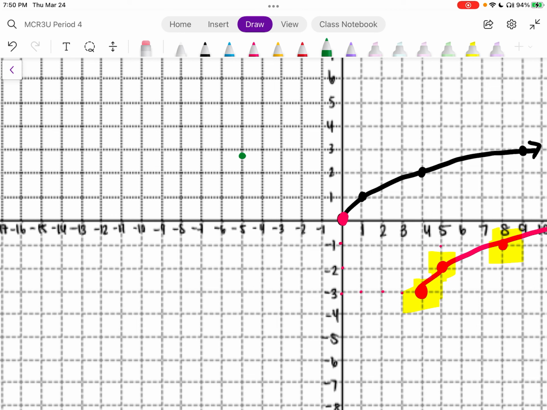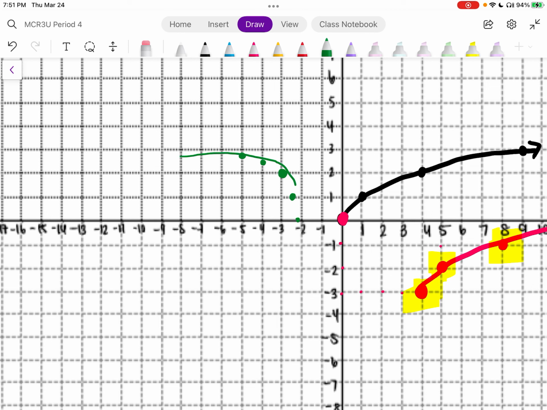Then I'm going to go to negative 4 and 2.5, so somewhere here. Then negative 3, and that's roughly at 2. Negative 2.5, in the middle of these two, is going to be at 1, so there's a dot right here. And then negative 2.33 is going to be at 0, so about here.